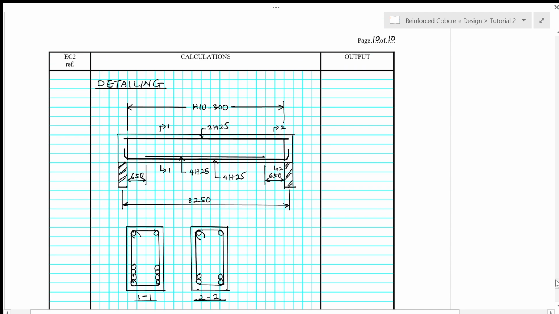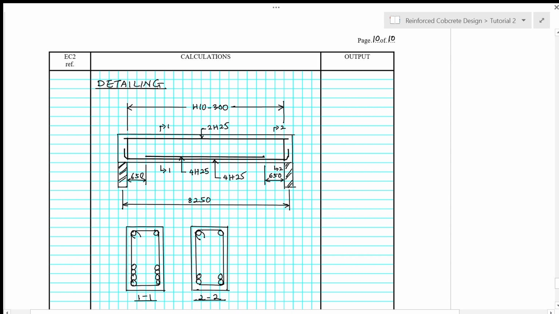And then for detailing, we have the detailing as shown here, where we provide a layer of 4H25 and then another layer of reinforcement which is 4H25 to give us 8H25, so that we can curtail half of the number of bars near the support of the beam, at 0.08 L from the side of the support.